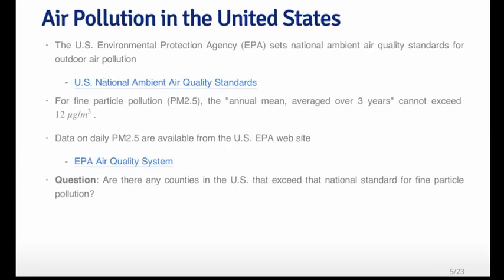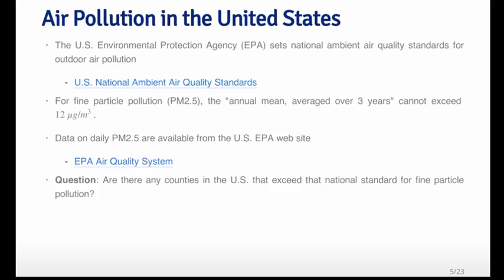I want to go through a specific example in this lecture, so we can talk about the various types of exploratory graphs that you might make using a real data set. This data set involves ambient air pollution in the United States, and it comes from the U.S. Environmental Protection Agency, which sets national ambient air quality standards for outdoor air pollution.